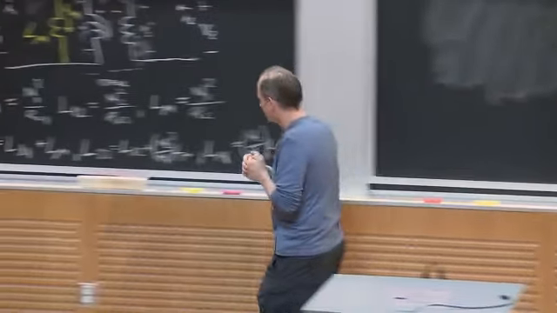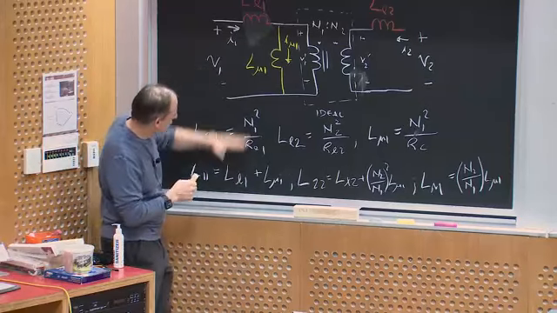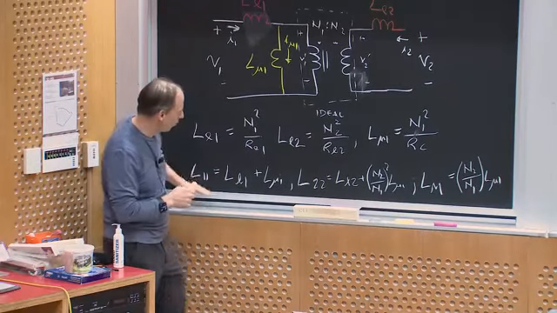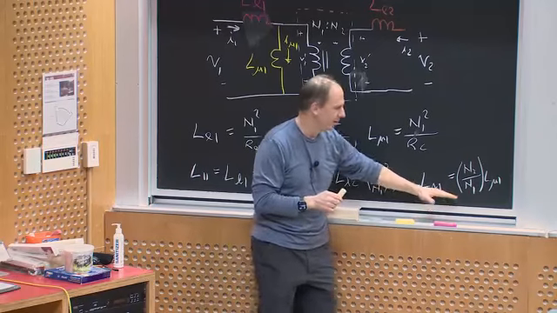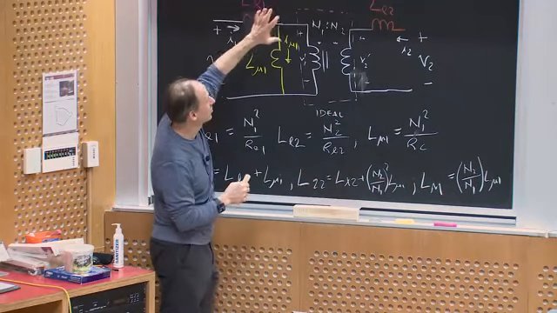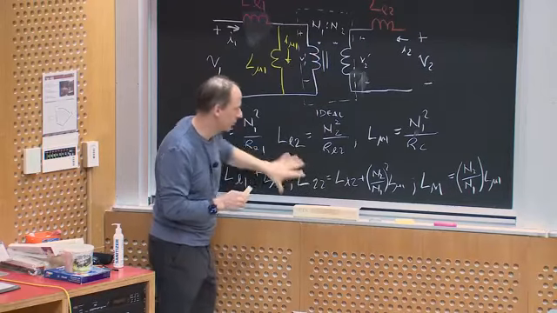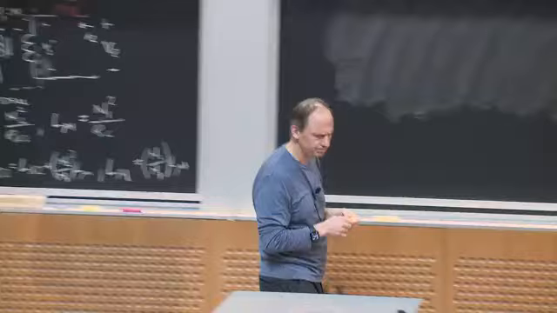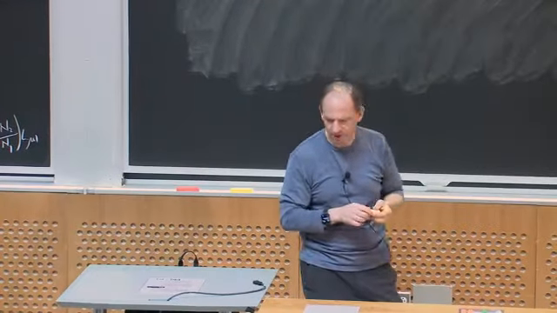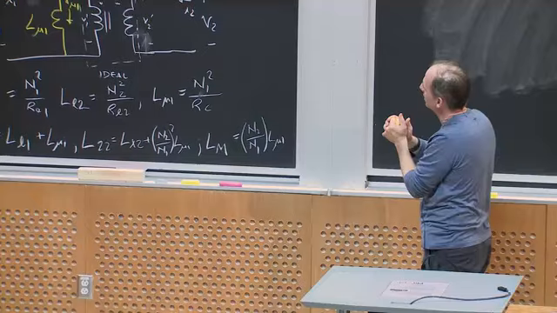I didn't say this last time, but you can also relate the circuit model parameters back to L11, L22, and the mutual inductance Lm. And again, you'll see that this representation and this representation are precisely the same as long as you have the right parameters. And the last thing I'll note is you ought to be careful whenever you're doing your own analysis like this.